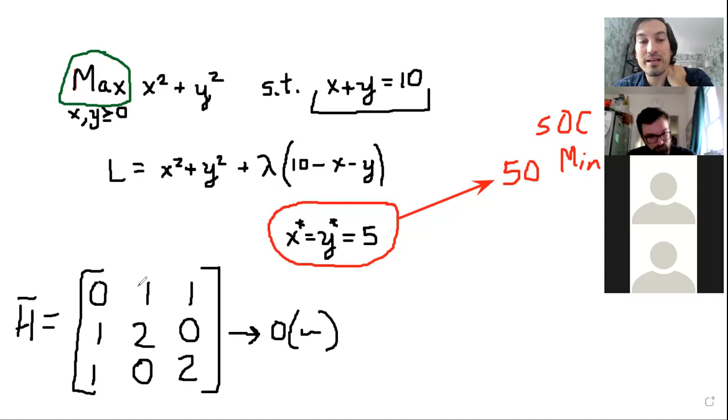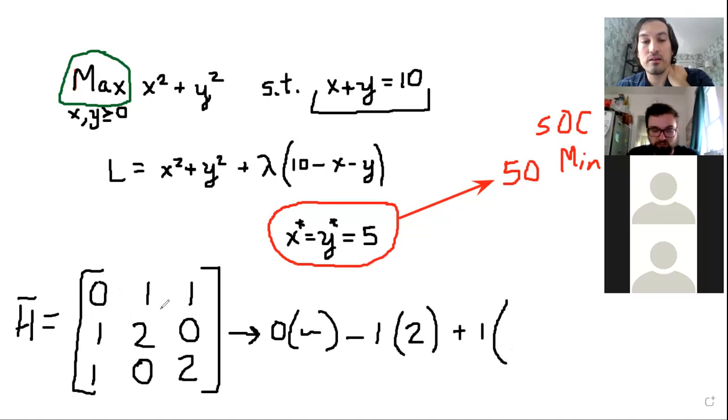Now I'm going to subtract, because I'm going across this first row, alternating sign, so that's why it's -1, times the determinant of the submatrix created by eliminating the row and column of this 1, and that is 1 times 2 minus 0, that's 2. Okay, and now the final term will be a +1 times the matrix here, which is 1 times 0 minus 1 times 2, that's a -2.